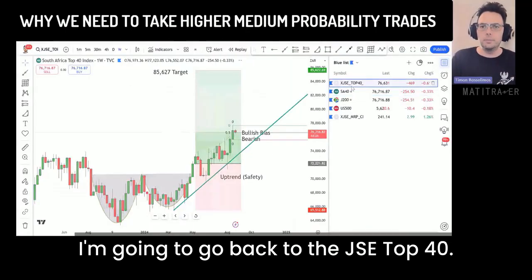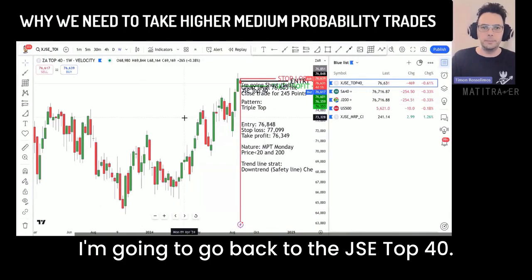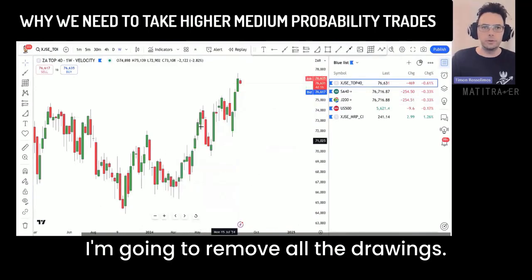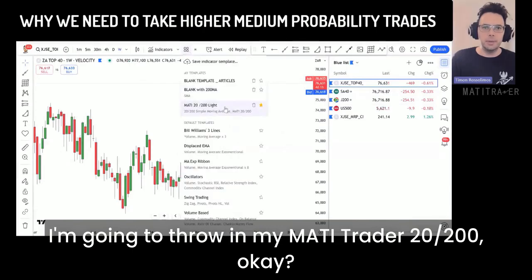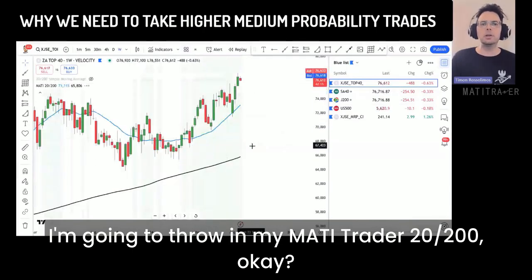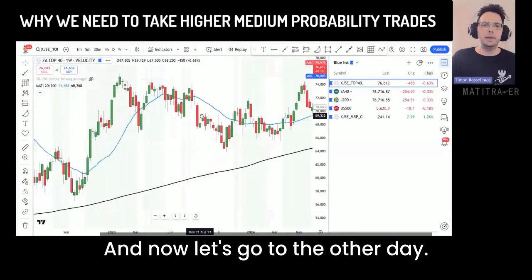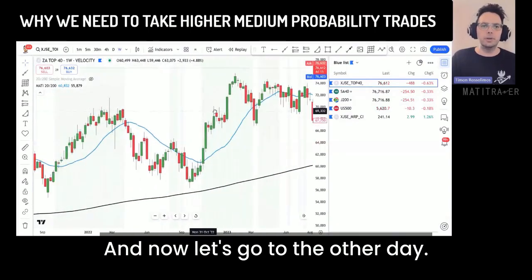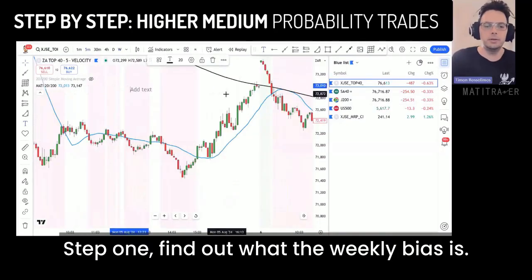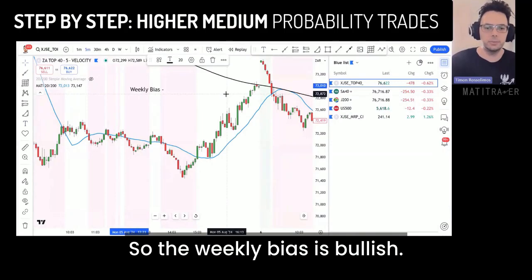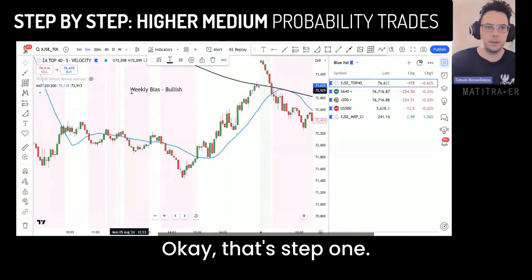I'm going to go back to the JSE Top 40. I'm going to remove all the drawings. I'm going to throw in my MultiTrader 2200, okay? And now let's go to the other day. Step 1, find out what the weekly bias is. So the weekly bias is bullish, okay? That's step 1.